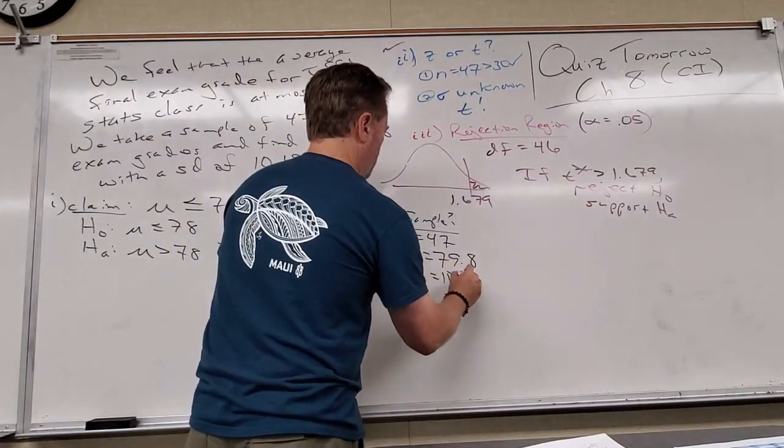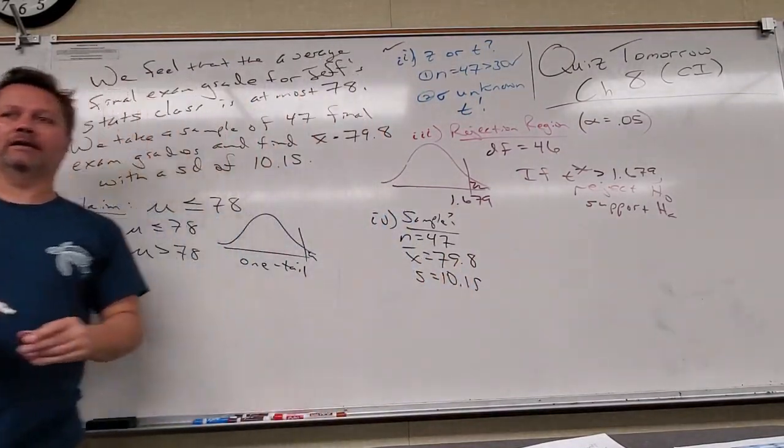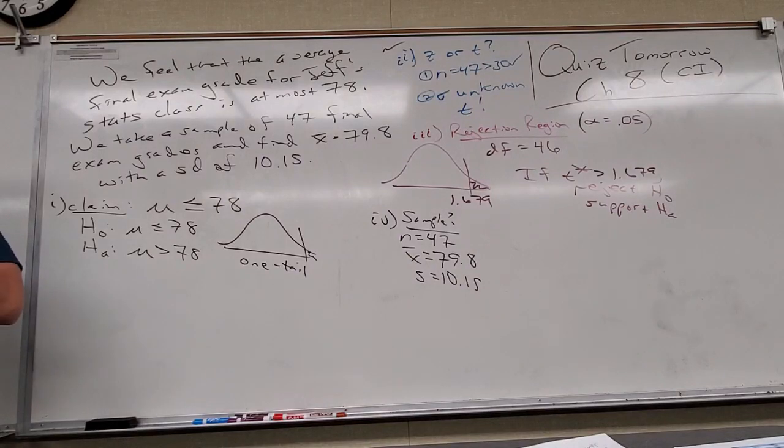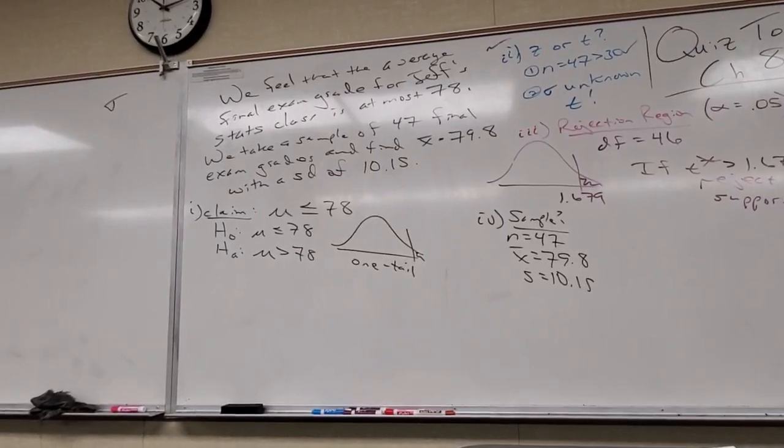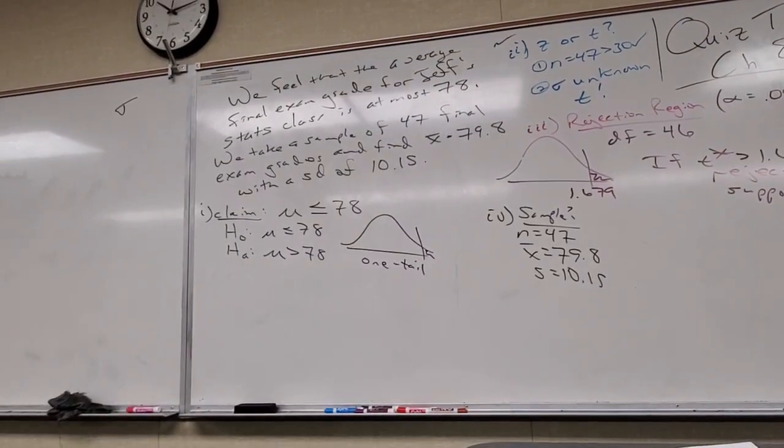Now here's the part where people are gonna freak out, okay? What does this symbol mean? Sigma, standard deviation. Be more specific. How far on average it is away from the mean.